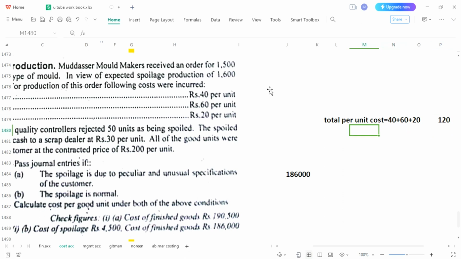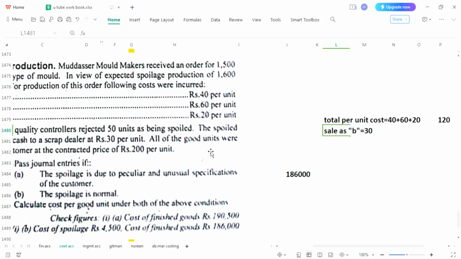And how much have we received after selling those units? So you can call it the sale price. How much was the selling price? Come over here. Scrap dealer at 30 per unit. So the price was 30.